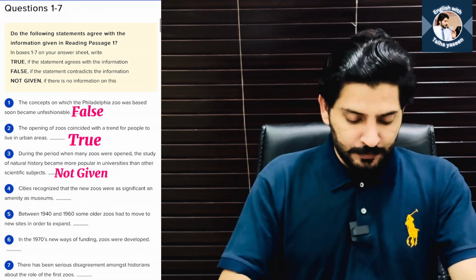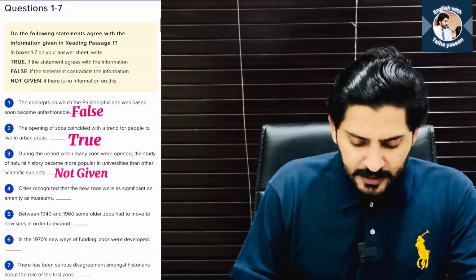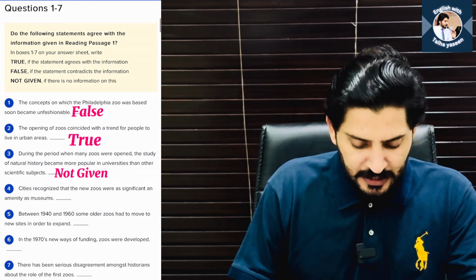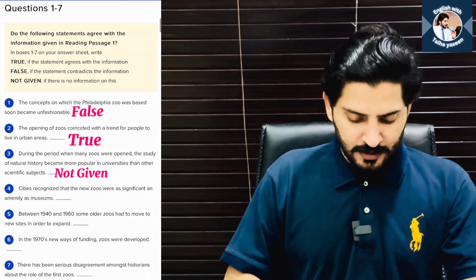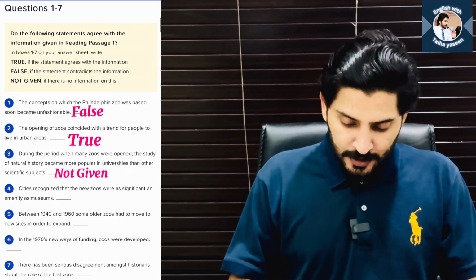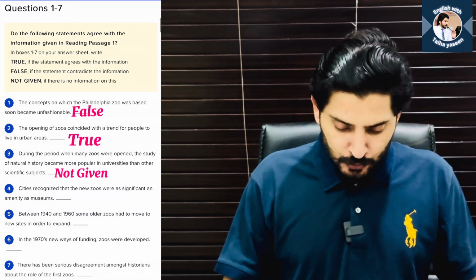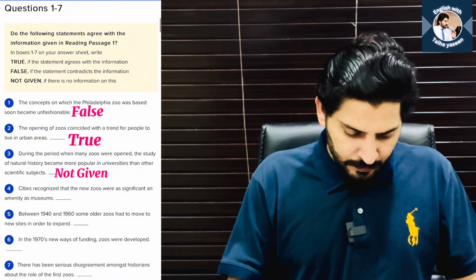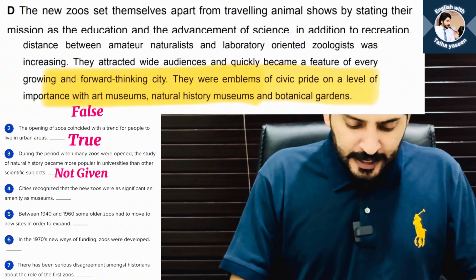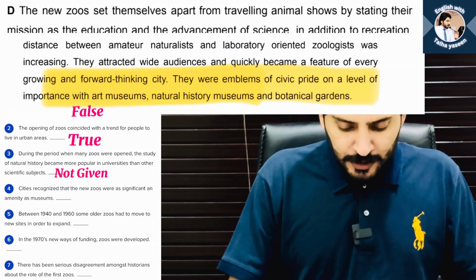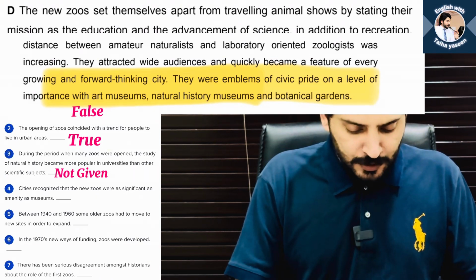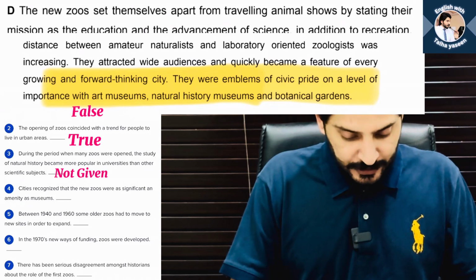Question number 4. Cities recognized that new zoos were as significant an amenity as museums. Let's have a look. Is there any connection between zoos and museums? In passage D, the new zoos set themselves apart from traveling animal shows by stating their mission as the education and advancement of science in addition to recreation.